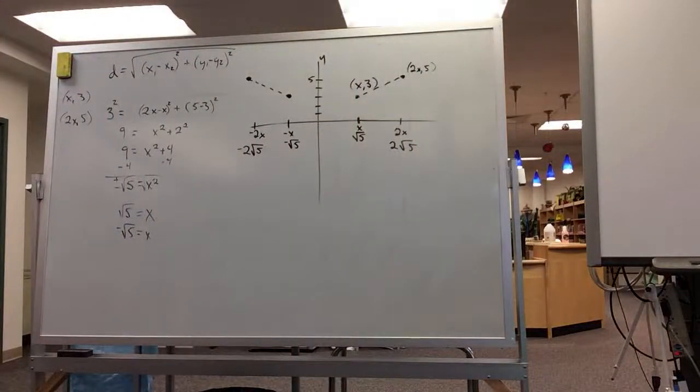Okay, so means and midpoints. The last thing I said to you with this on Friday was, I'd like you to come up with an algebraic relationship that describes how you find the midpoint of a horizontal line, how you find the midpoint of a vertical line, and then how you find the midpoint of a diagonal line on the coordinate plane.